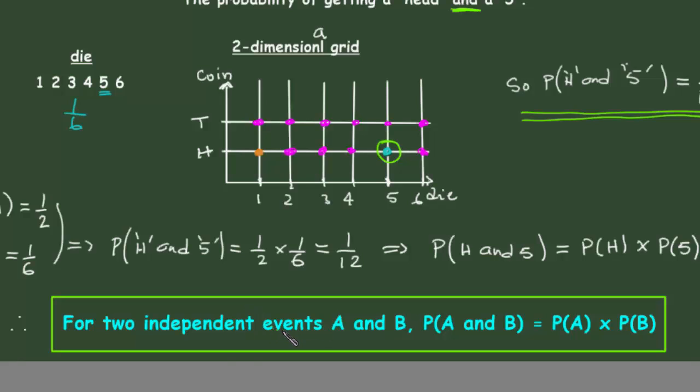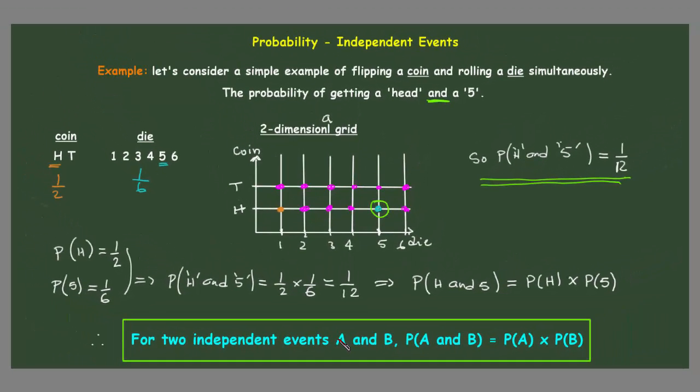These types of events have the property that the occurrence or non-occurrence of A cannot affect the occurrence or non-occurrence of B, and vice versa. It means that A can happen independently from B and B can occur independently from A, and this is what we call independent events.